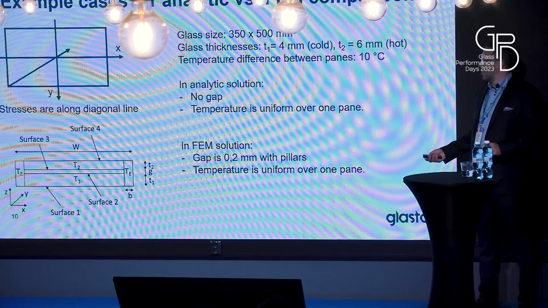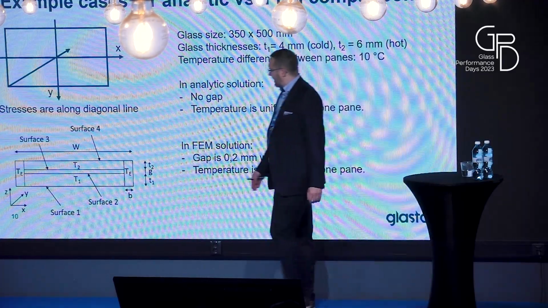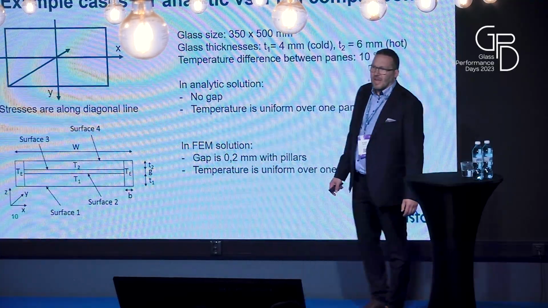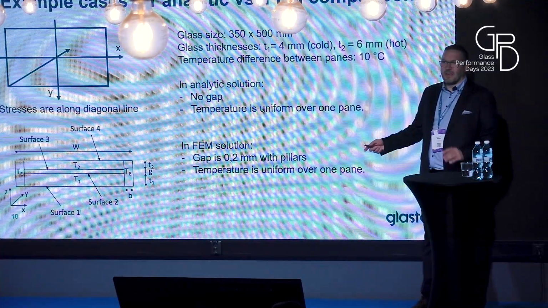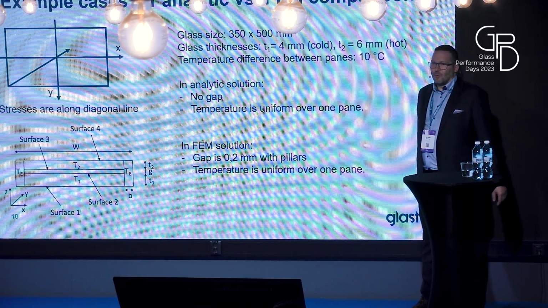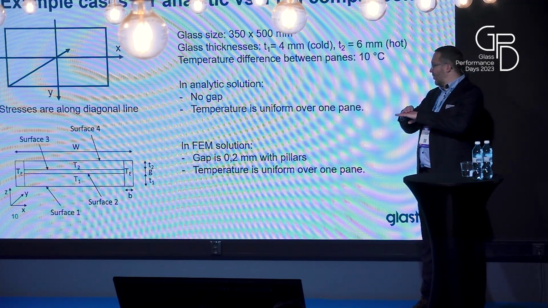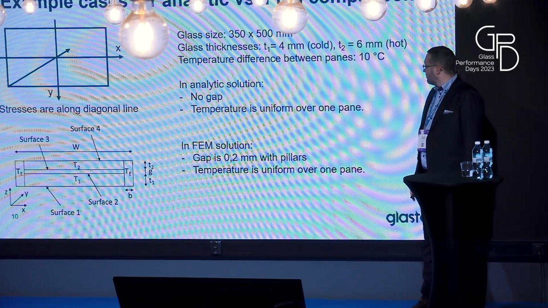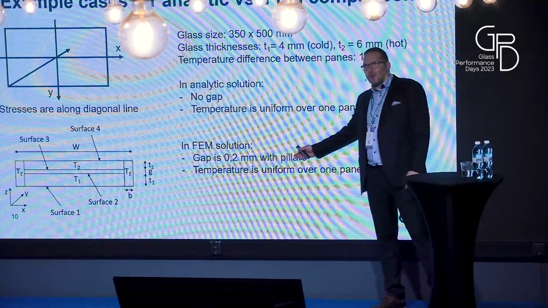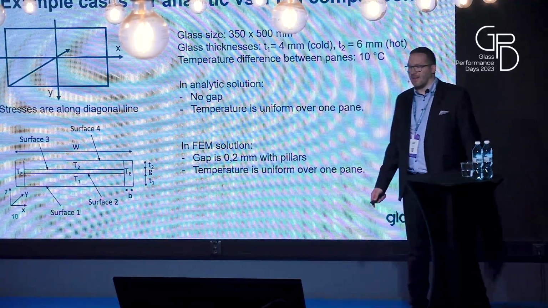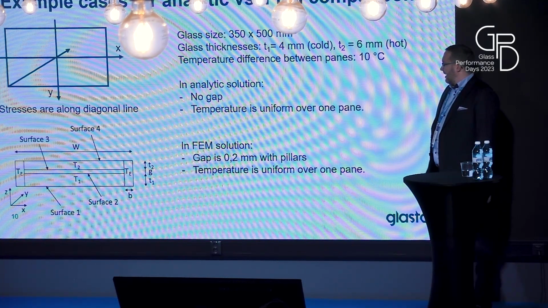And in the analytical solution, we are not taking this gap into consideration. We noticed that it has only a slight effect on the total results, so making everything easier for the analytical solutions, we took that one off so that the internal surfaces are connected to each other in our model. However, to compare how it works with the finite element, there is a gap, there are pillars, and everything is taken into consideration in the finite element calculations.